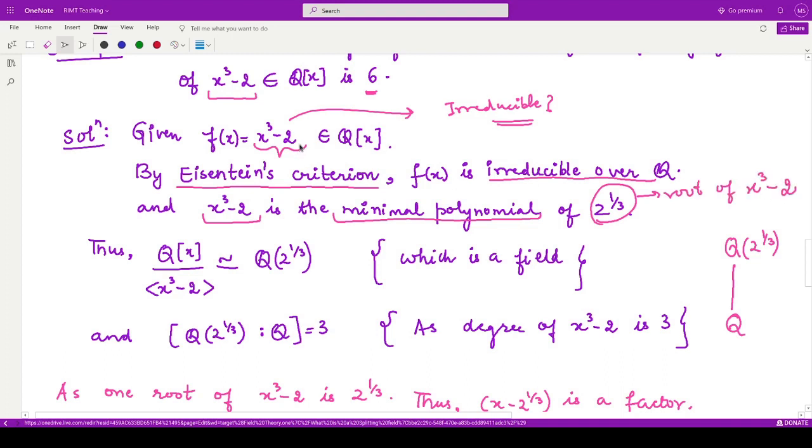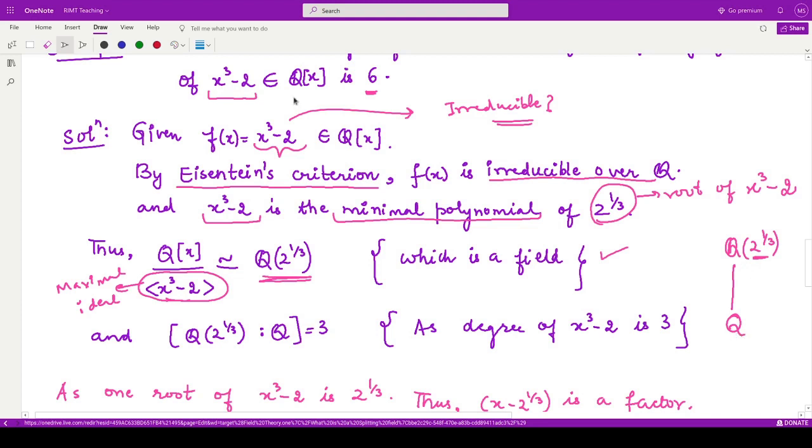Now if this is an irreducible polynomial, the ideal generated by this polynomial would be the maximal ideal. And if this is the maximal ideal, the field Q[x] divided by this maximal ideal is the new extension field, where now you have adjoined 2 to the power 1 by 3 to the field Q. So this is now a field. And what is the degree of this extension field over the lower field?